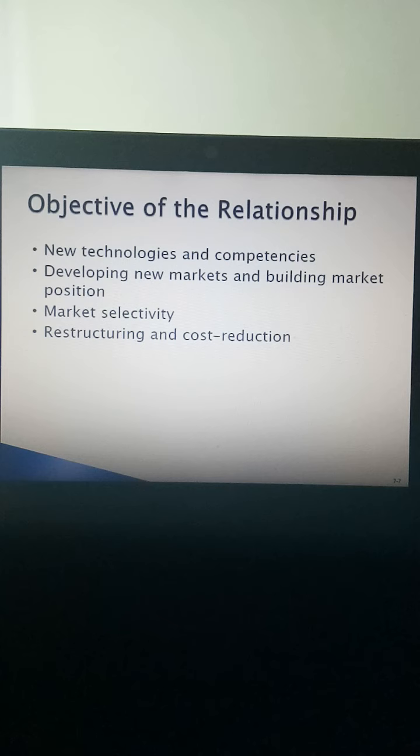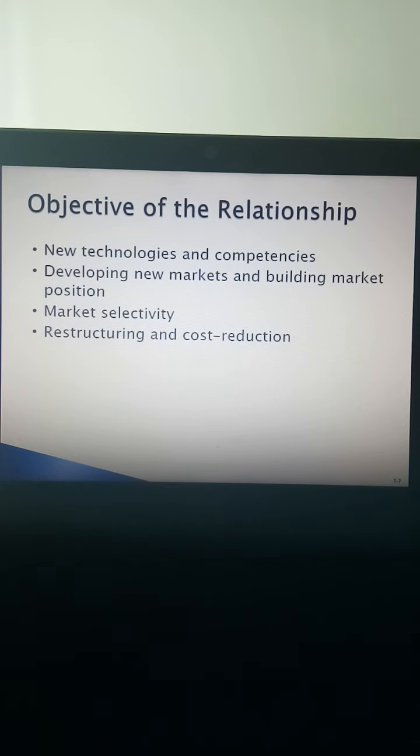This is a challenge for many companies. We know that technology is becoming more complex and has a very short time span. Alliances with others thus provide a rapid approach to learning about new technology and its potential. So this is the first objective to look into when we have a strategic relationship.